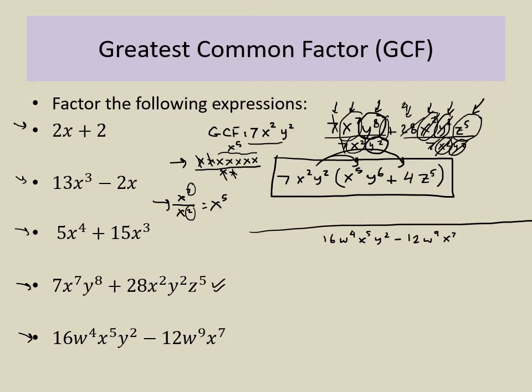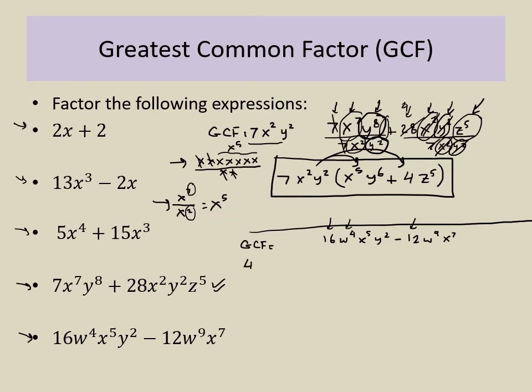Okay, let's take a look at what we have and what the GCF is. First, constants. We have 16, we have 12. We can factor out 2, but it's not the greatest common factor. 4 is the greatest common factor.